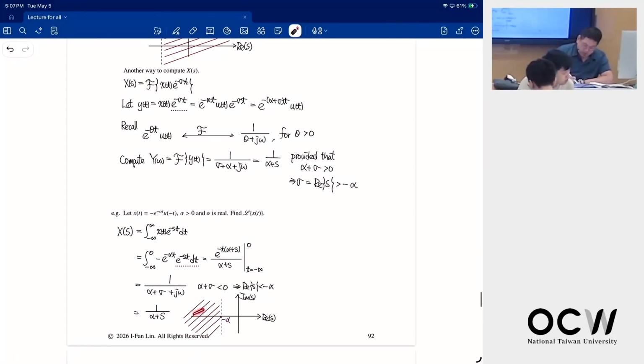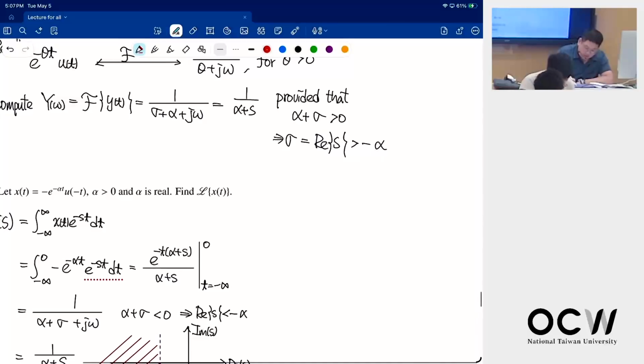So here are some properties about this, and also what is minus exponential to the minus alpha t. Let's plot here.